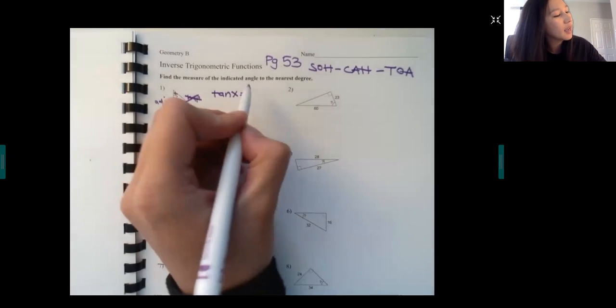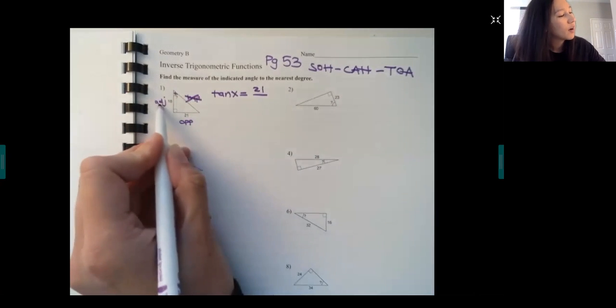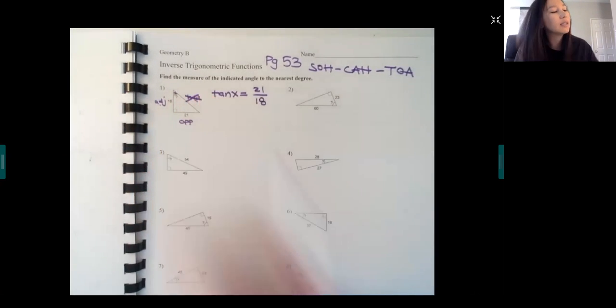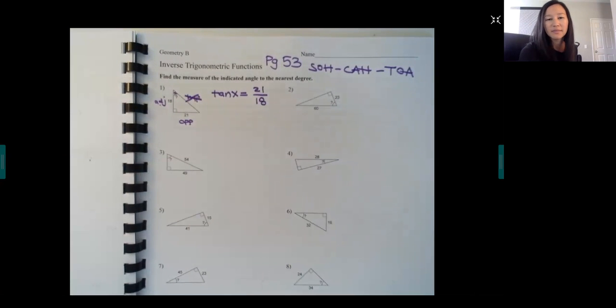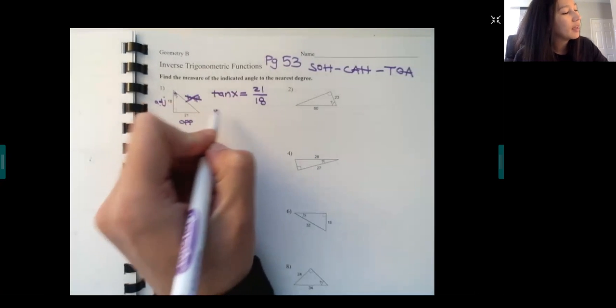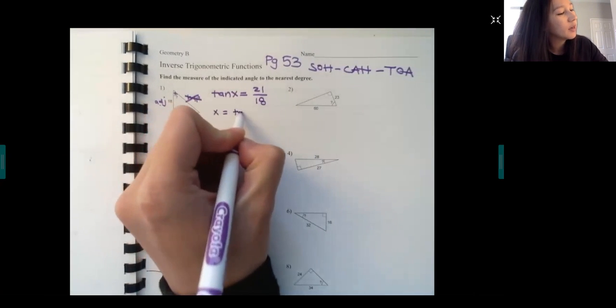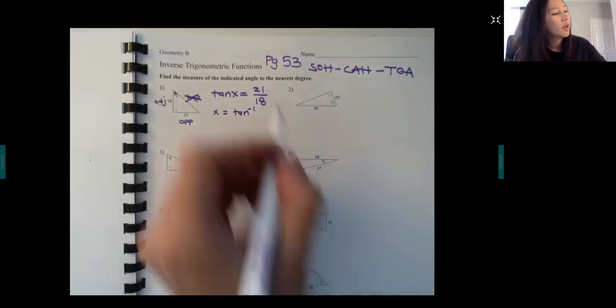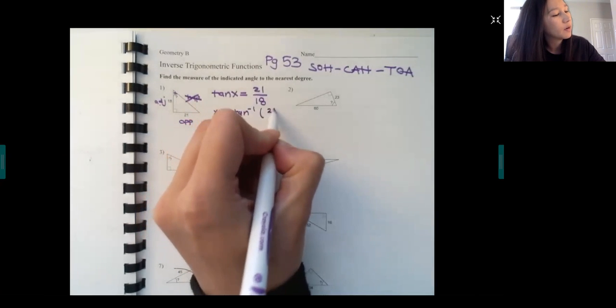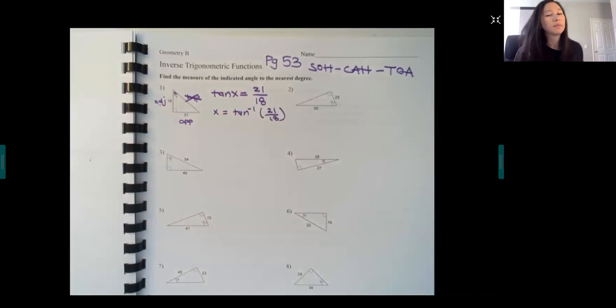So our opposite side is 21 over our adjacent side, which is 18. And now to find x, we take the inverse tangent of our ratio. And now it's just calculator work.